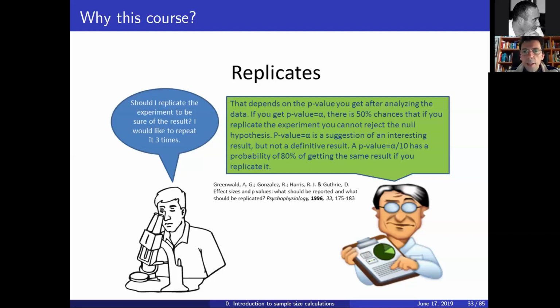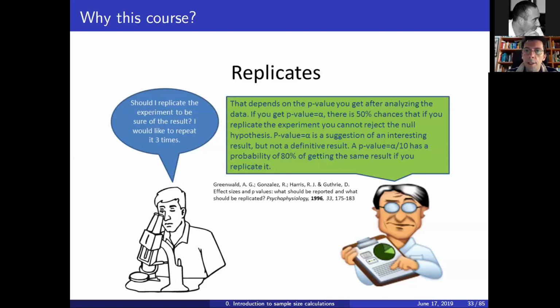So let's say that your p-value is 0.049999. It is so close to the threshold that if you repeat the experiment, it is very likely that you end up above the threshold, and then your treatment would not be significant. Actually, if the p-value is exactly at the threshold, then there is a 50% chance that if you repeat the experiment, you are on either side of the threshold.